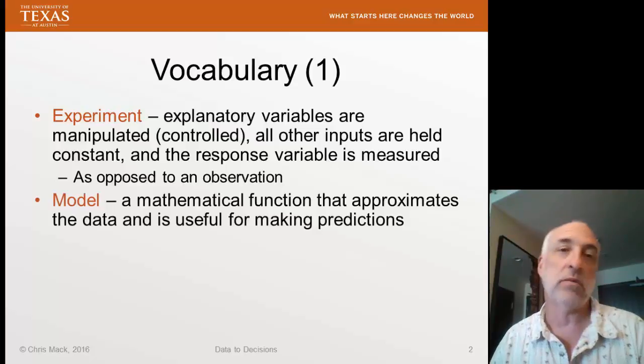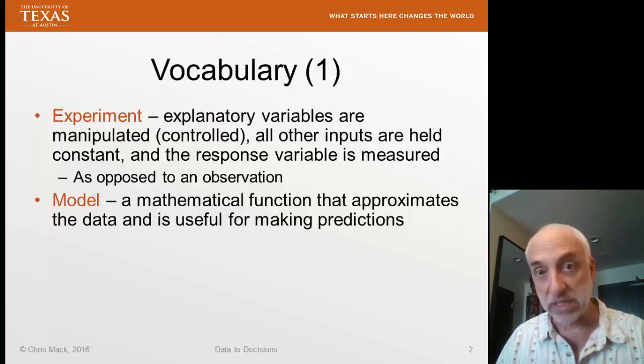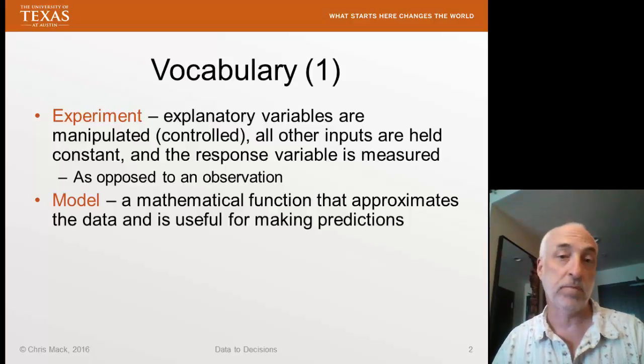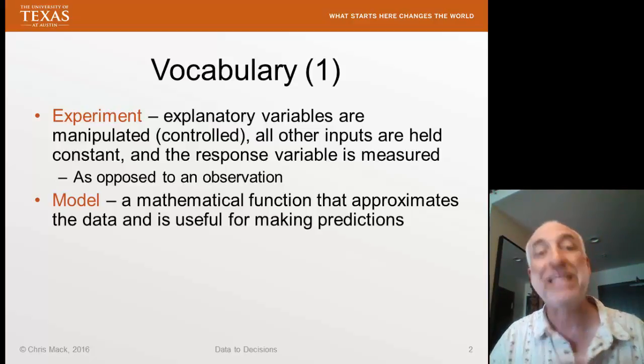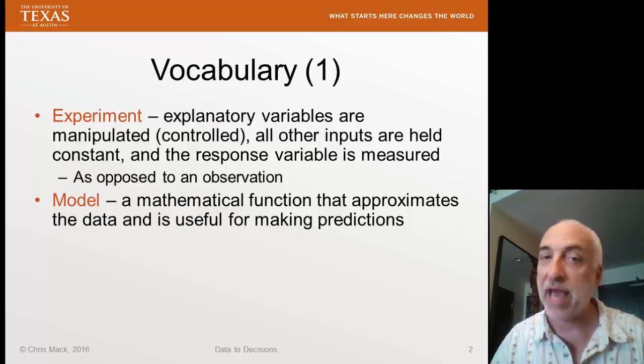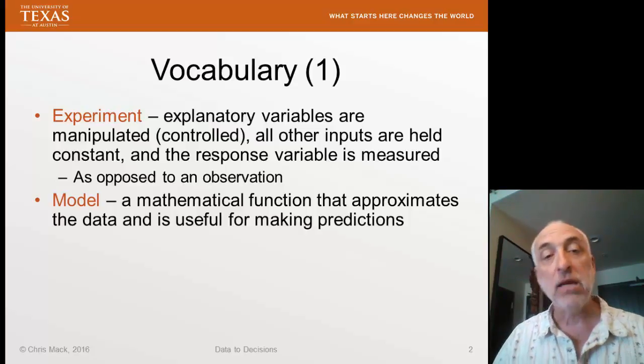Then we'll develop a model. A model will be a mathematical function that predicts the output for a given set of variables. We'll do two things with this model. One is we'll try to match the model to the existing data that we've already collected in our experiment. And then we'll try to match the model to new data.